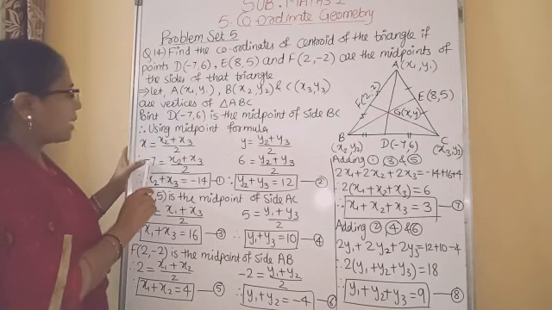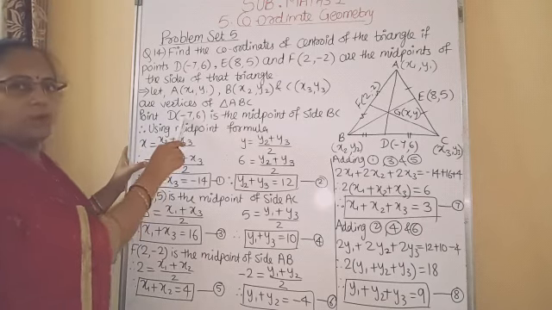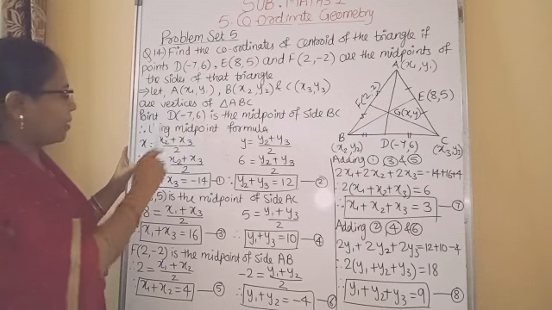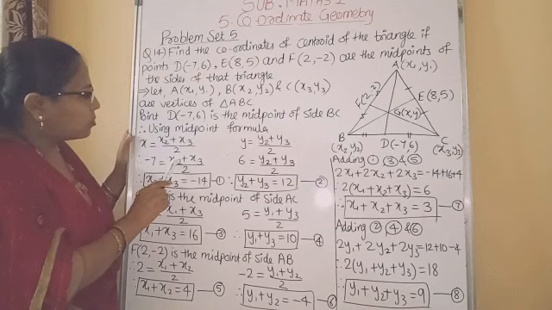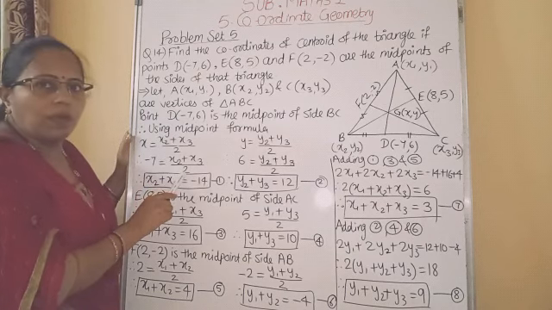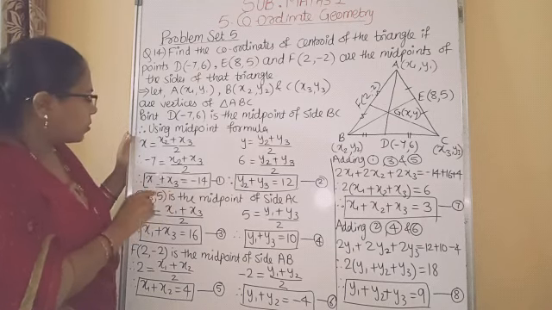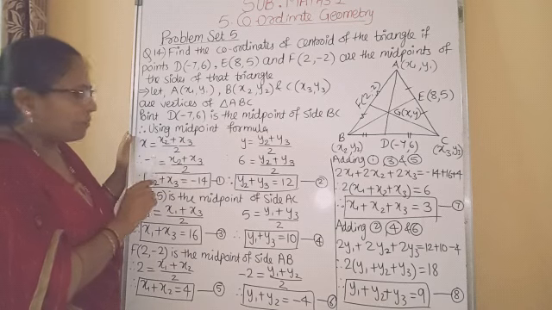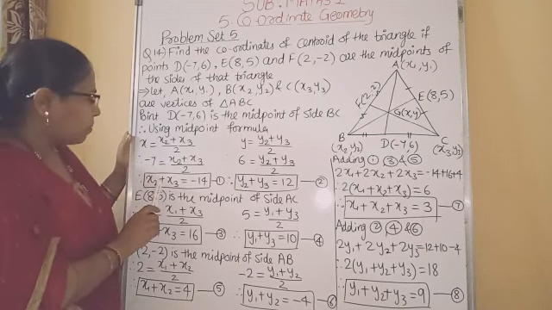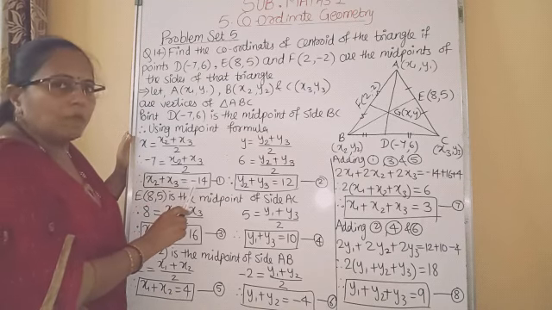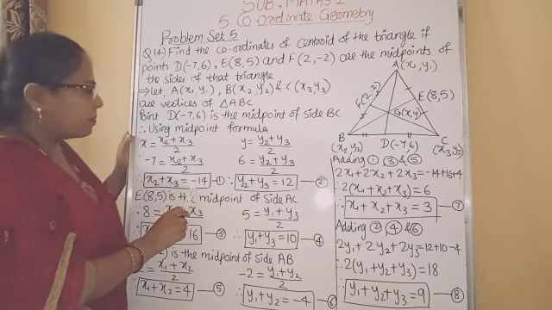Since x is equal to -7, we have -7 equal to (x2 plus x3) upon 2. Now this 2 is multiplied across, so -7 into 2 is -14. So x2 plus x3 is equal to -14.